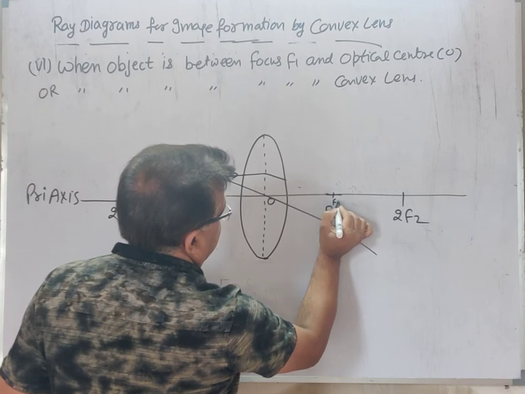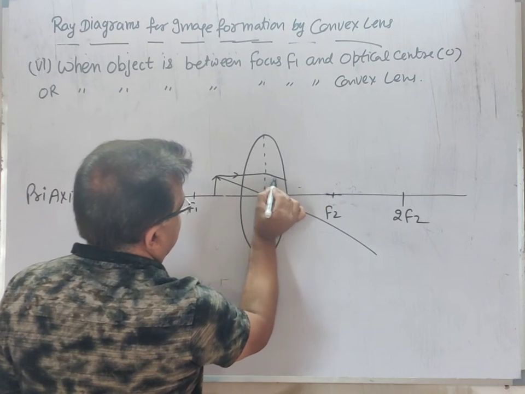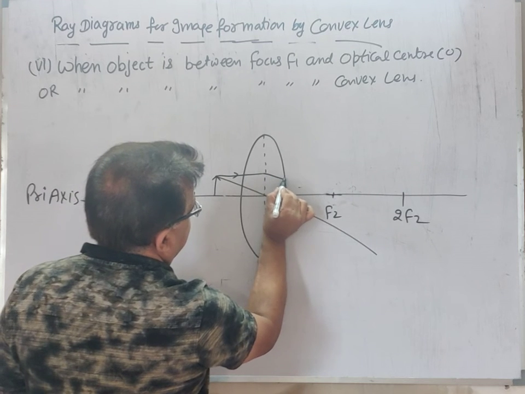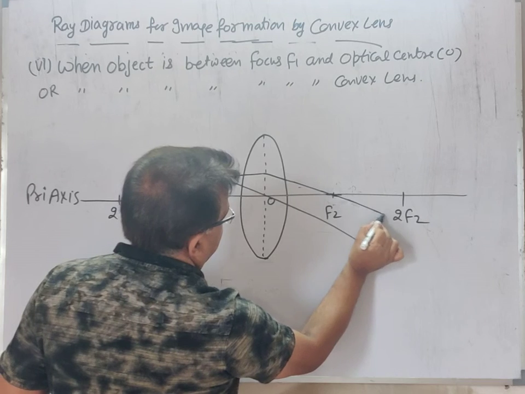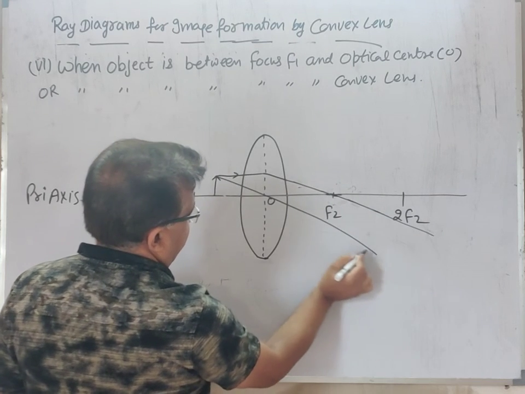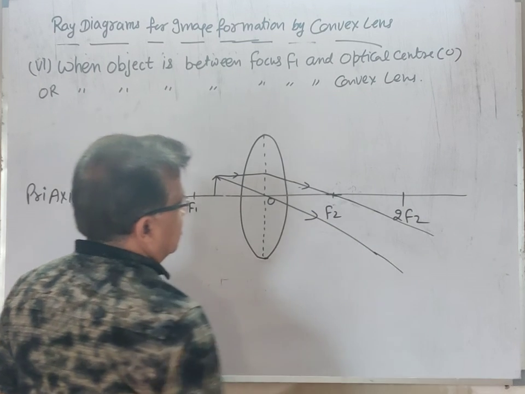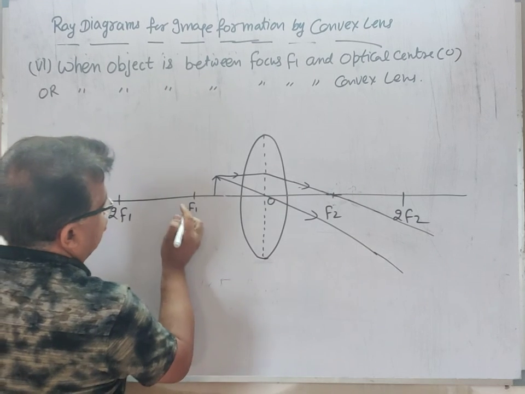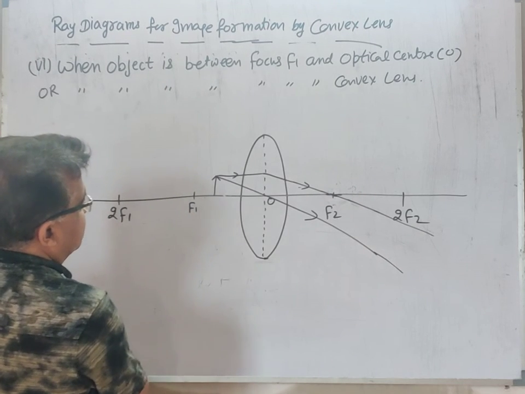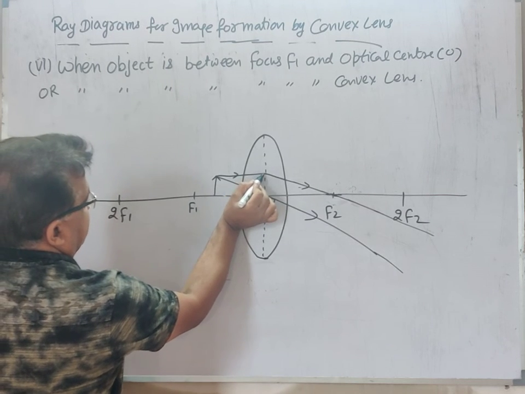We shall join these two points. As we move, we see that their gap is increasing, meaning they will not meet on this side, so they appear to meet when we produce them backward.